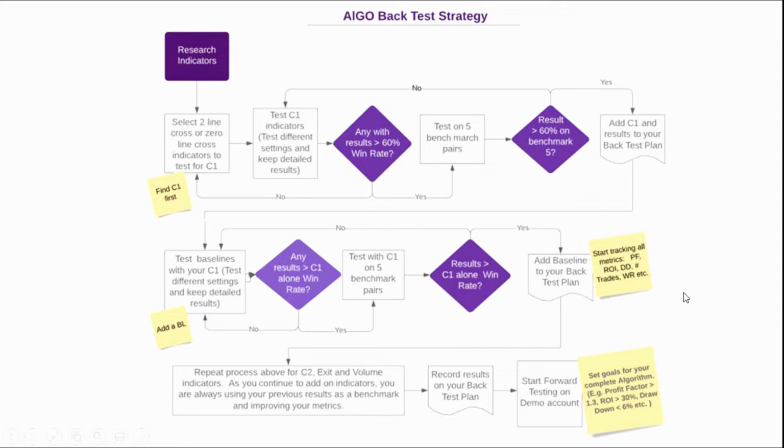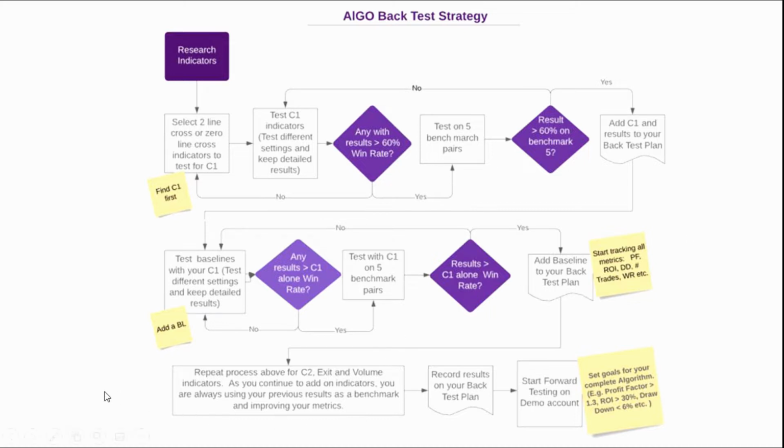And once we get those two together, then I started tracking all of the other metrics. And that's really easy with this backtest simulator. So I looked at profit factor, I looked at ROI, I looked at maximum drawdown, number of trades, win rate.